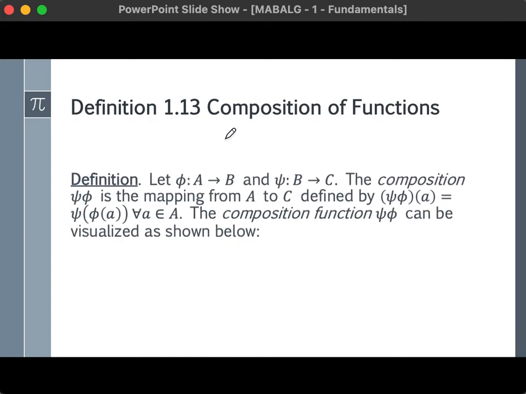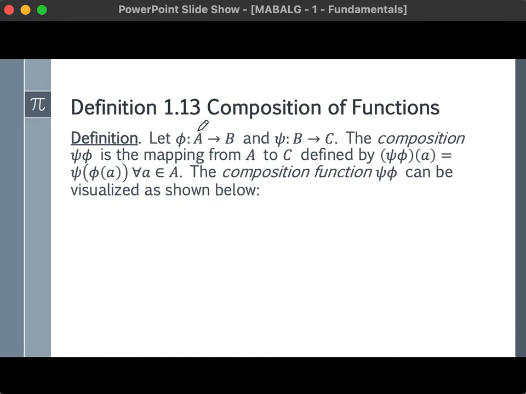That's definition 1.13. Let phi be a mapping from A to B and psi be a mapping from B to C. The composition of phi and psi is a mapping from A to C defined by psi phi of a equals psi of phi of a, for all a in A. The composition can be visualized as shown below.